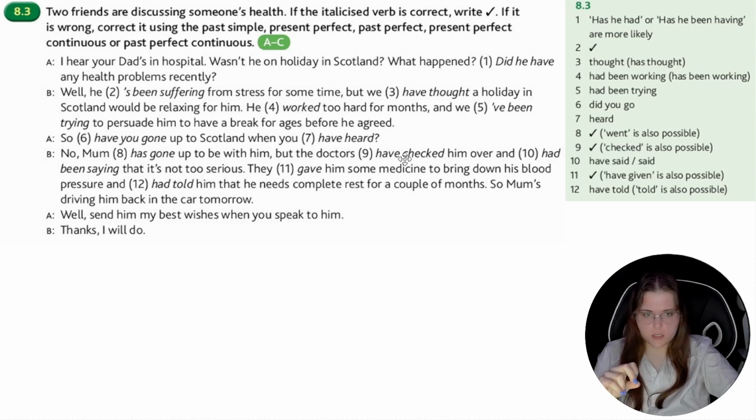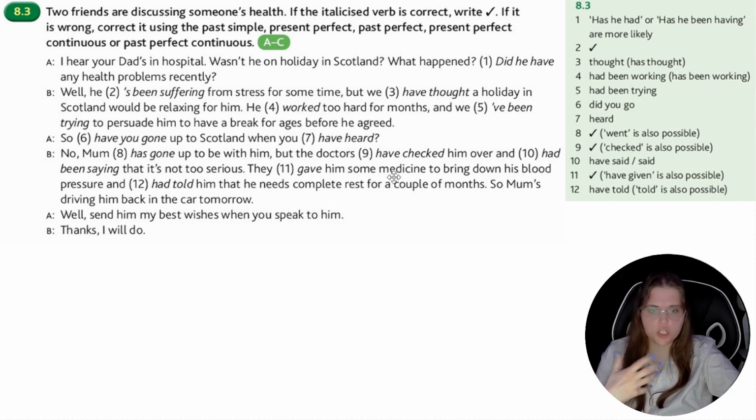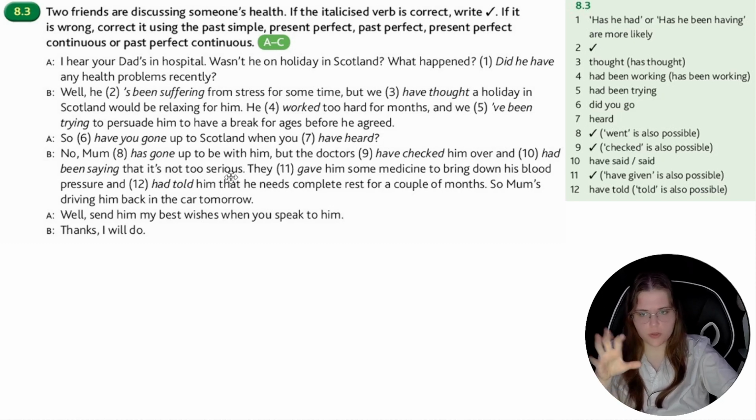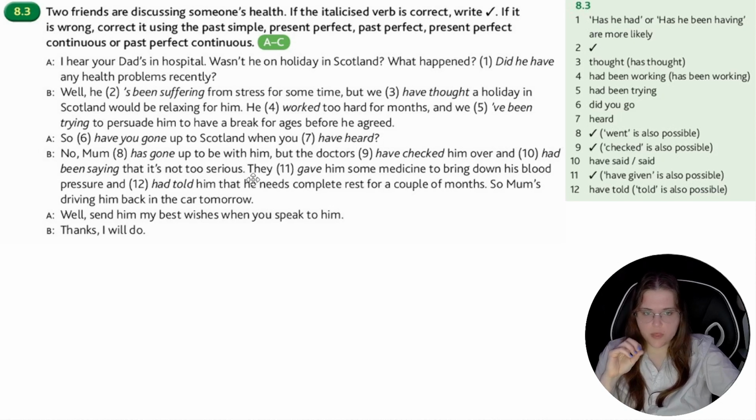The doctors have checked by now and have said if this is about the present. But the whole sentence, Mom went up to be with him, but the doctors checked him over and said that it's not too serious, if the whole situation was in the past and has no connection with the present moment.